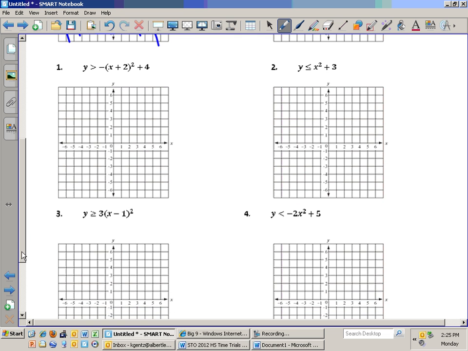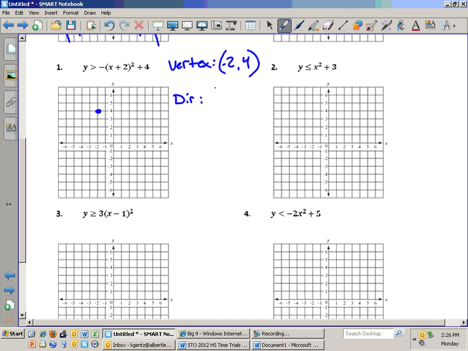Okay, let's do 2 more together. You guys can work on the rest of the worksheet the rest of the hour. Number 1, is it in vertex form or standard form? Vertex form. What is the vertex? Negative 2, positive 4. Does it go up or down?